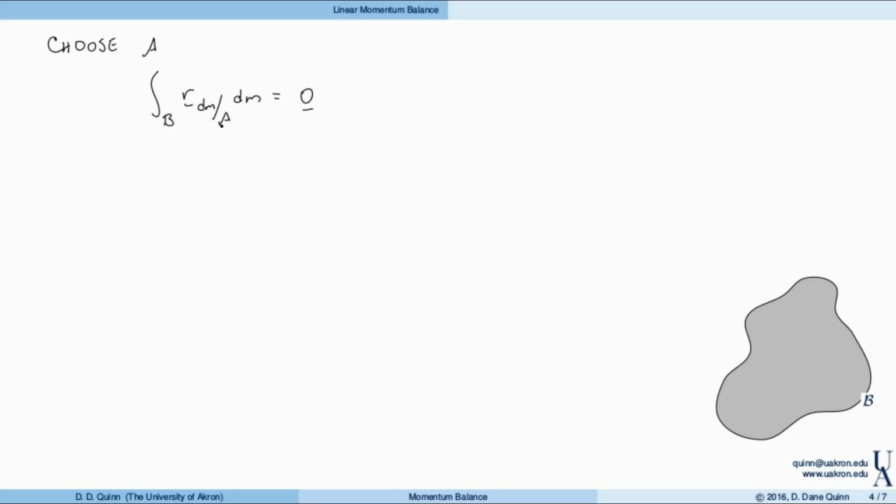So this is basically a specific point on the body for which this integral vanishes. And really, the physical interpretation of this is that A is the mass center of the body.